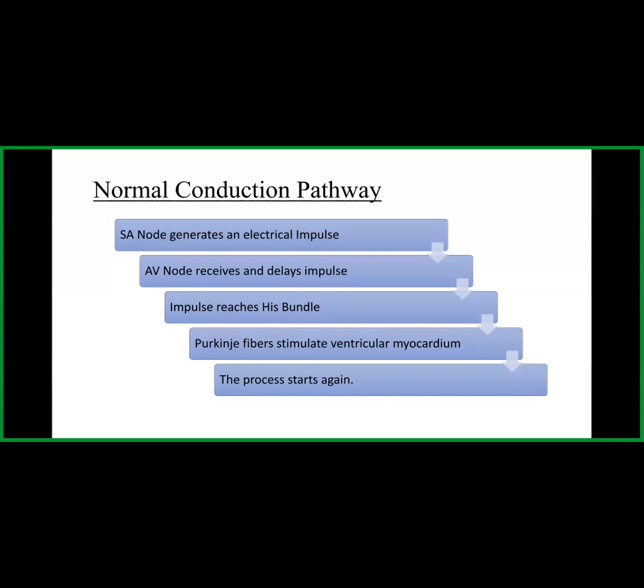So it starts off with a slow speed in the atria, comes down to the AV node, which delays it a little bit before it comes down to the bundle branches, where it is sped up, and then it goes all the way to the Purkinje fibers where it is sped up some more, which means Purkinje fibers have the highest velocity when we're talking about impulse conduction. I hope we are all clear on this part of the conduction pathway.